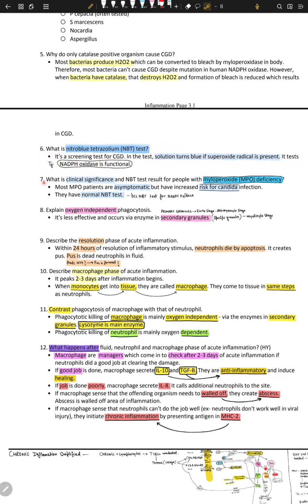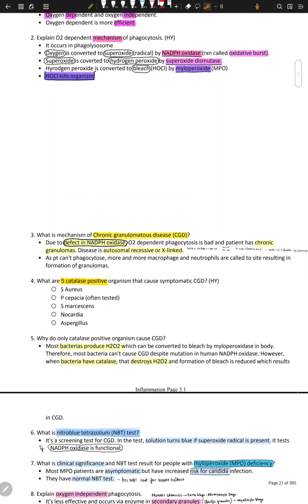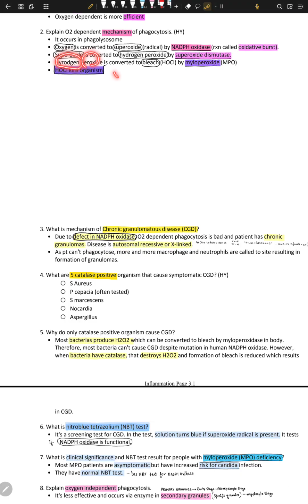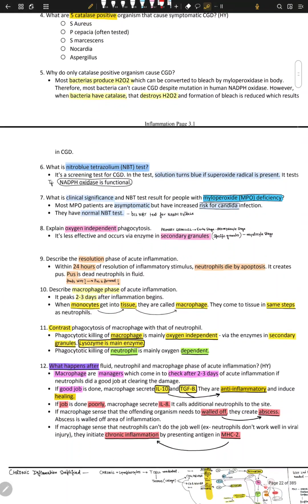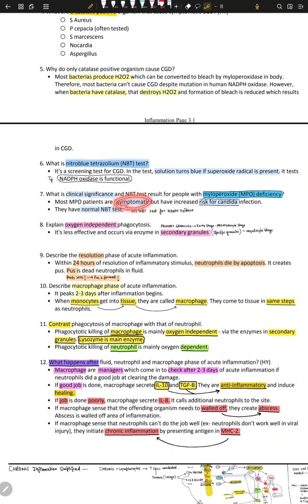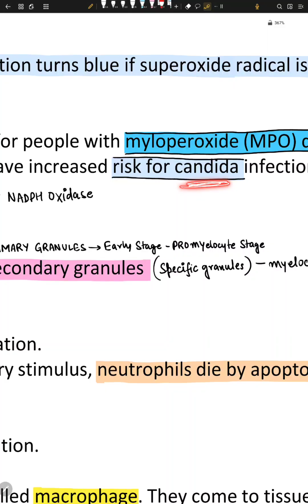Okay, simple. What's the clinical significance of NBT? This nitro blue tetrazolium test is used for people with myeloperoxidase deficiency. Now, if you have myeloperoxidase deficiency, what will happen? Most MPO patients are asymptomatic because they lack the last enzyme that converts hydrogen peroxide into bleach. But they have more risk of candida because candida is an opportunistic fungal infection.